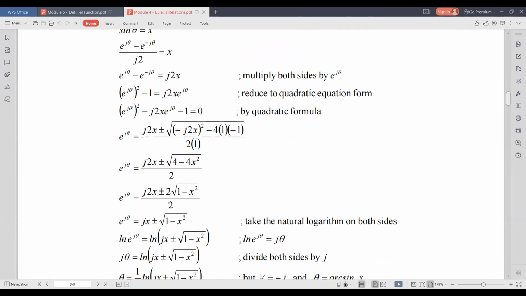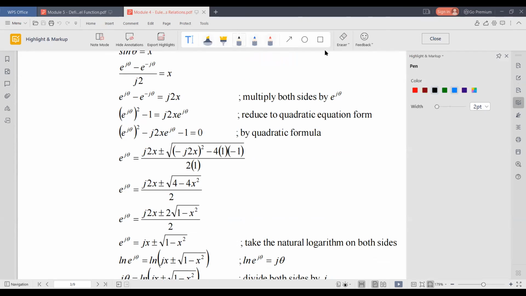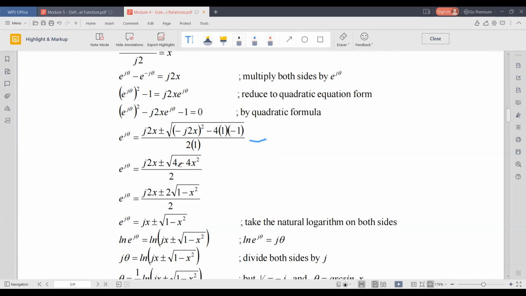So kung titingnan natin dito, we use the notation natin. Ayan. So we use the trigonometric quadratic formula here for evaluation. And then for this case, pinactor out natin to.